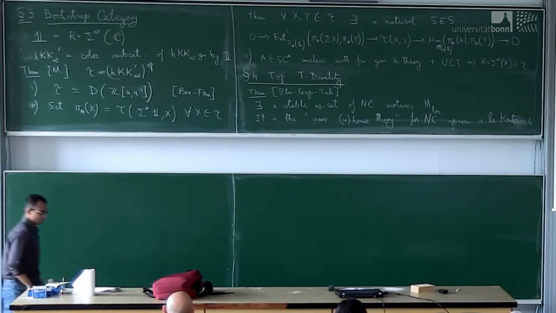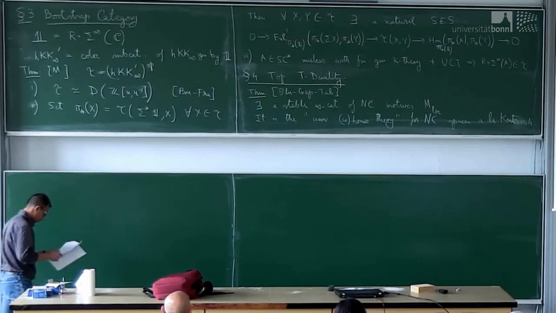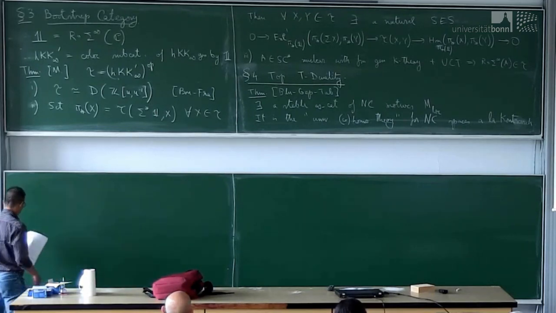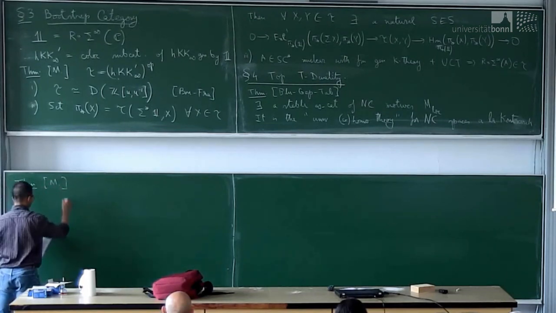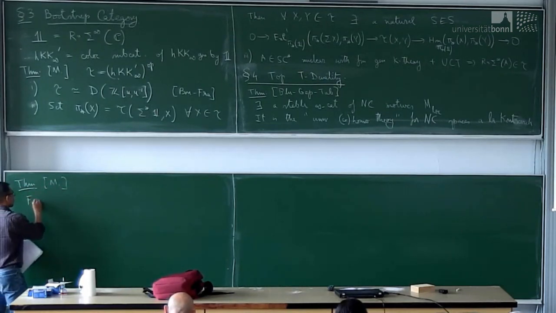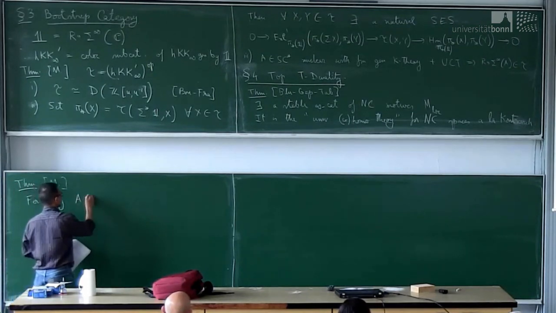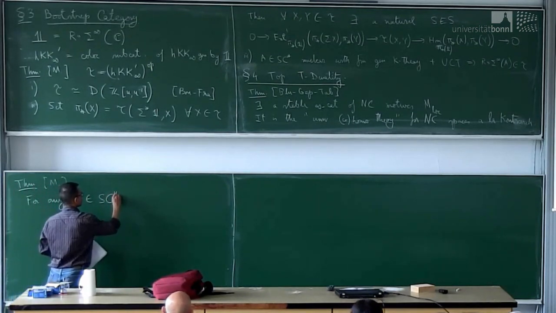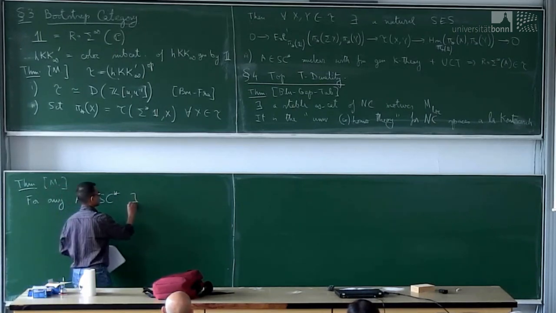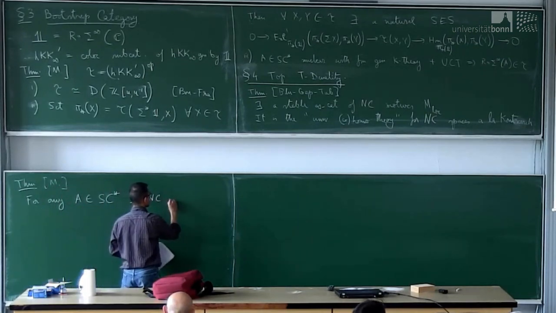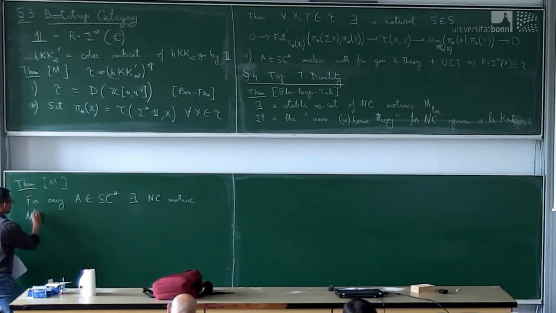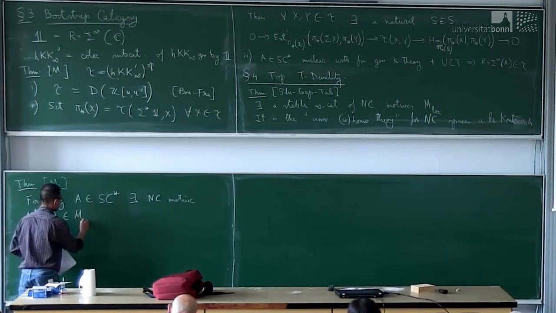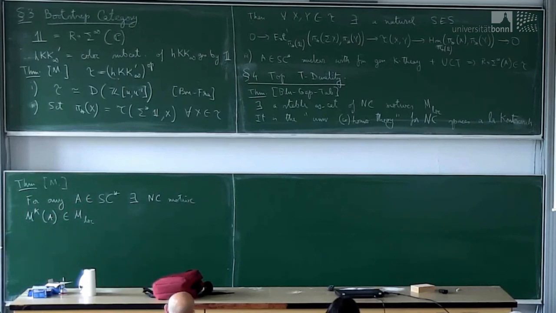So, in the last few minutes, so where am I? So, there is a theorem, and the theorem says that for any A there exists a non-commutative motive, which is denoted by M_k of A, and this belongs to M-loc, this non-commutative motive category.